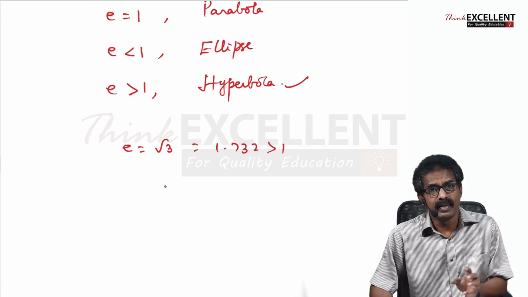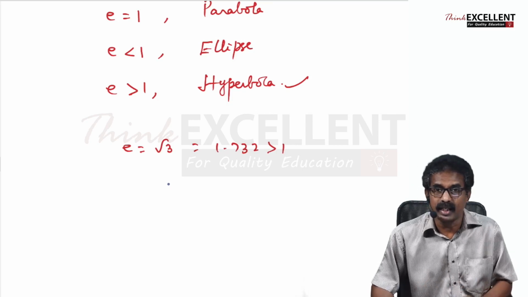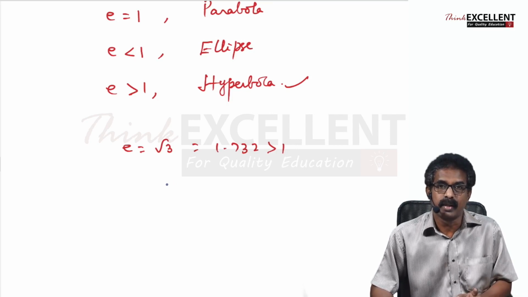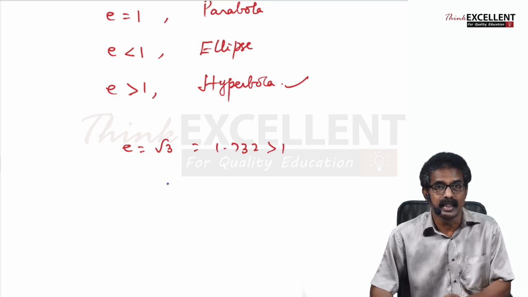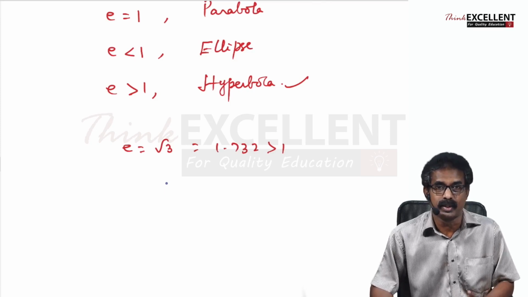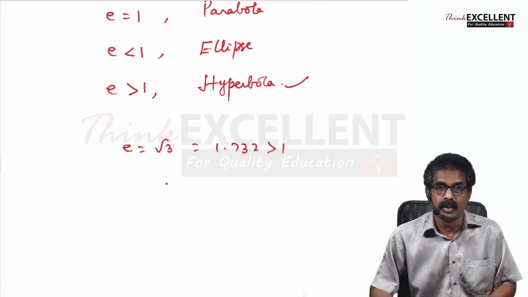And sometimes they will give the general second degree equation. So we studied the general second degree equation as ax square plus 2hxy plus by square plus 2gx plus 2fy plus c equals 0. That's a general second degree equation.